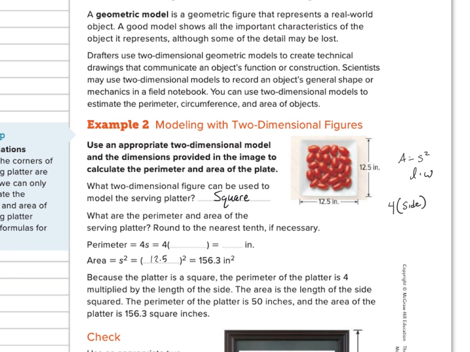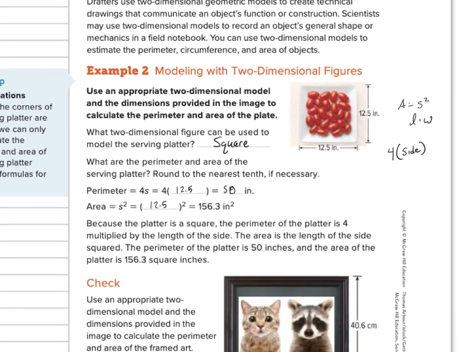Okay, and again, the side is 12.5, coming up with, let's see here, 48, 54, I think. I hope. Or it could have just been simply 50. Should be 50 inches, right? 48, and then half of 4 is 2, so 48 plus 2 is 50, so 50 inches.